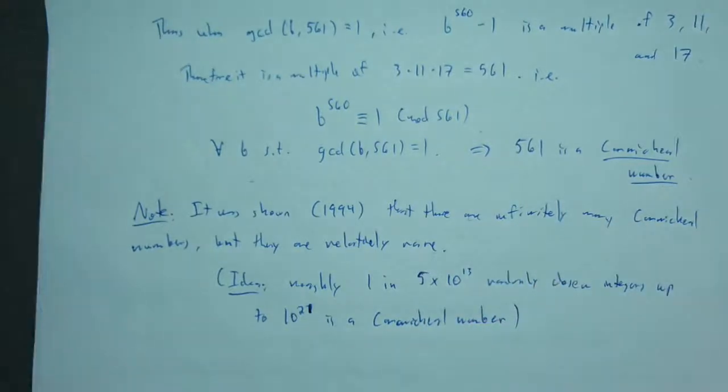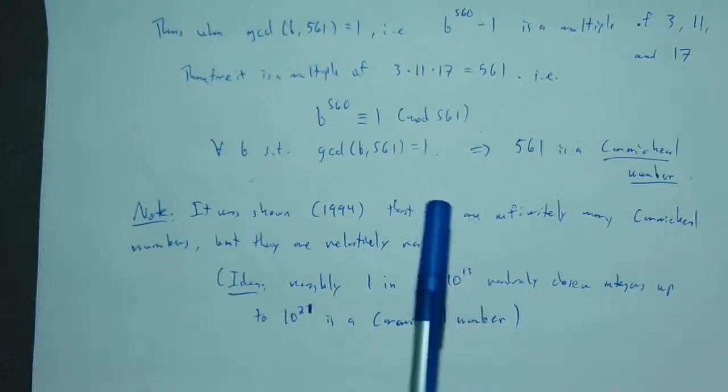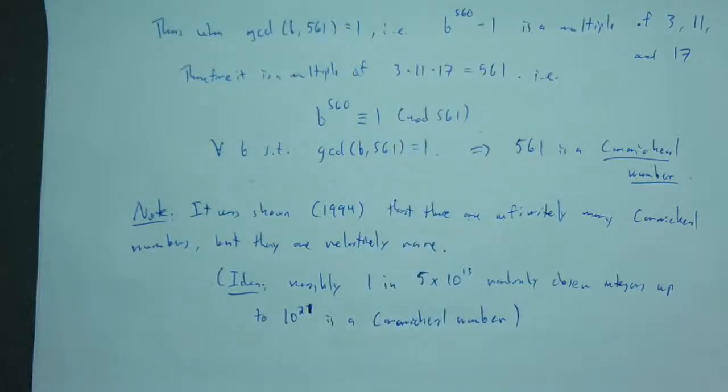Okay, so these are relatively infrequent, which is good for our efforts, right? Because a Carmichael number is one that would annoy us when we're trying to use the Fermat test.